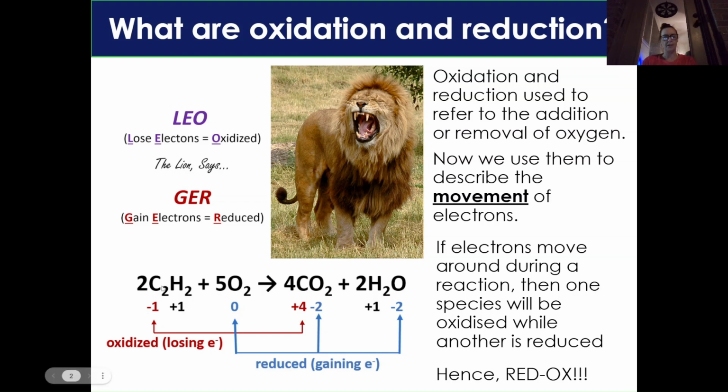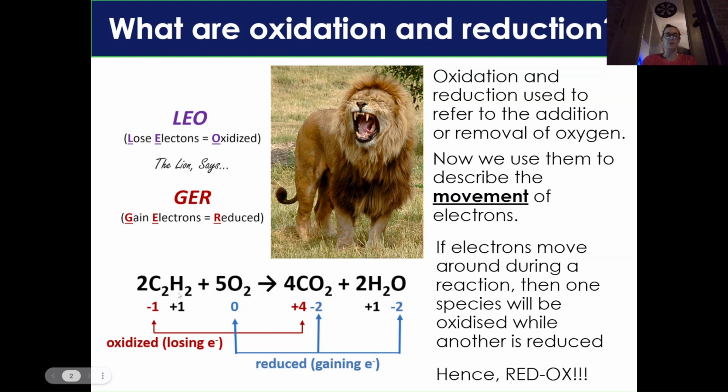So for example, if you look at the combustion of, I think this is ethine, C2H2, yeah, that's ethine right here. You can assign charges to all of the substances in here, assuming they would form ions. So because hydrogen is in group 1, it tends to form a +1 ion.